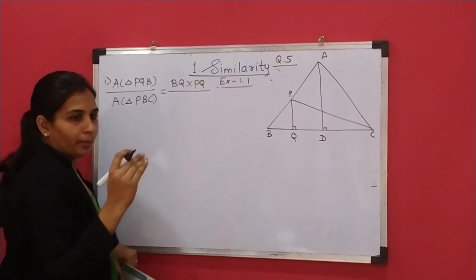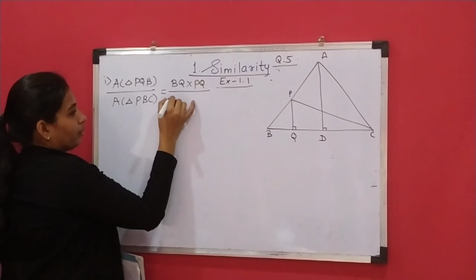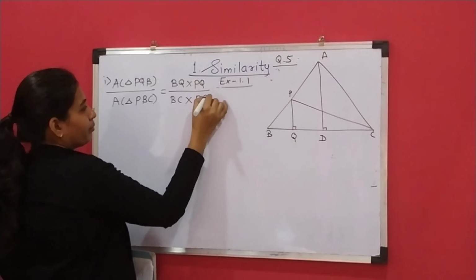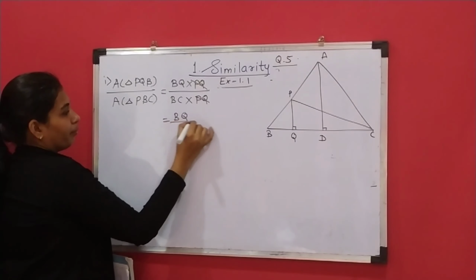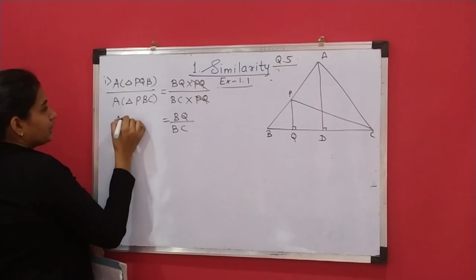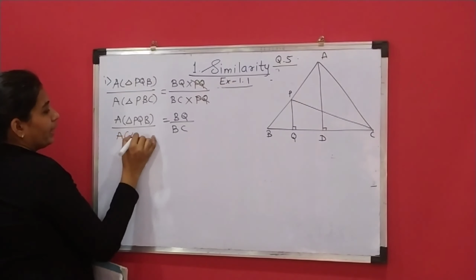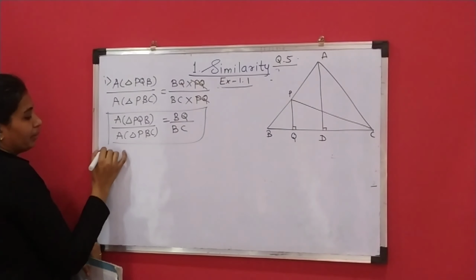For triangle PBC, the base is BC and the height is PQ. PQ will get cancelled. We will get BQ upon BC. So we get the first answer, area of triangle PQB upon area of triangle PBC is BQ upon BC.